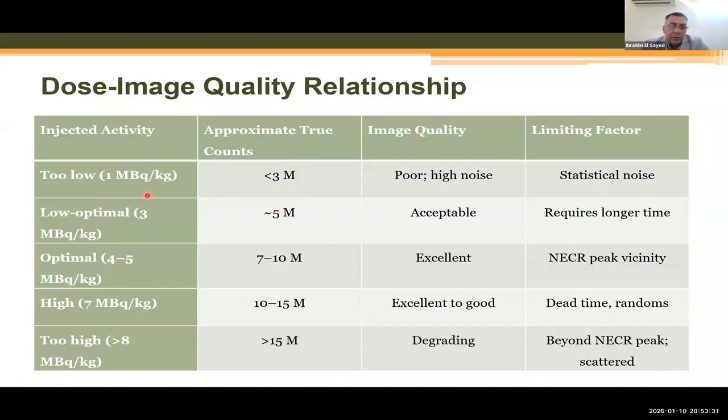The image quality for the low count will be poor, with high noise; low is acceptable; the optimal is excellent; high will be excellent to good; too high will be discarded because this is beyond the NECR peak, like we said before. So a lot of scatter. Here we have dead time and randoms. Here we have the NECR big area. The acceptable one requires longer time, and the statistical noise will be found in the too low activity.